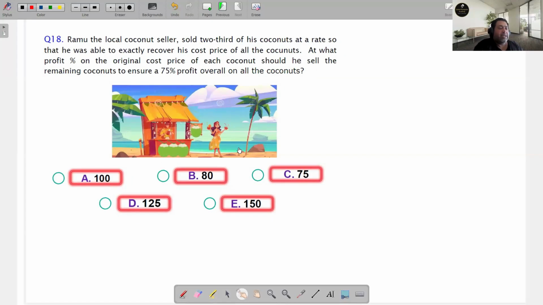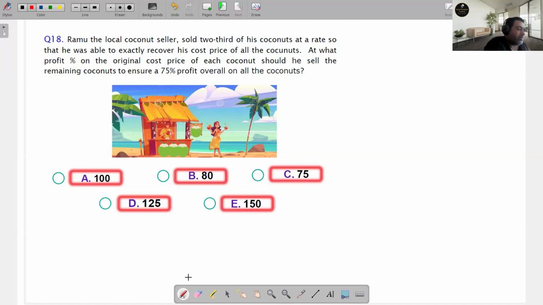Okay, so if he's selling two-thirds of his coconuts and he's able to recover the cost price, the rate at which he's selling will be the reciprocal of 2 by 3, which is 3 by 2. Correct. Then only he's able to recover the cost price. Okay, so for example, let's take a basic example.